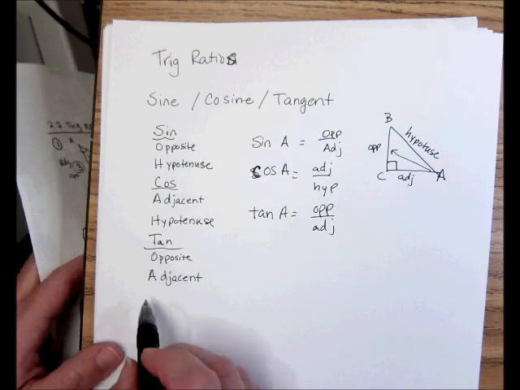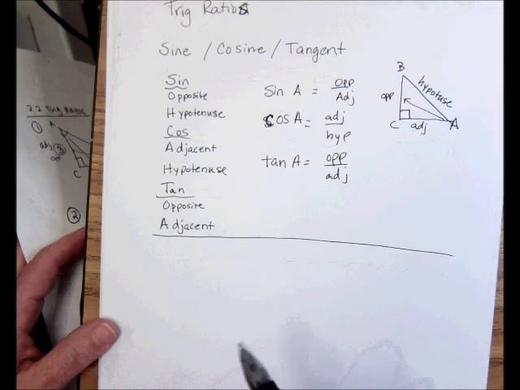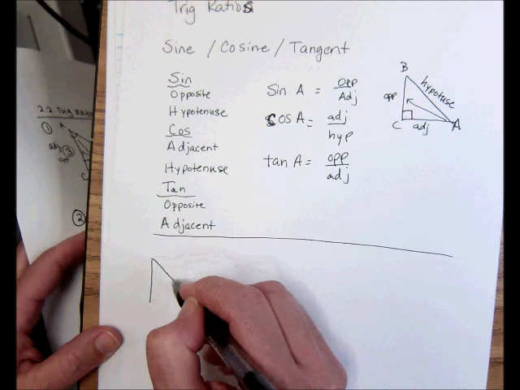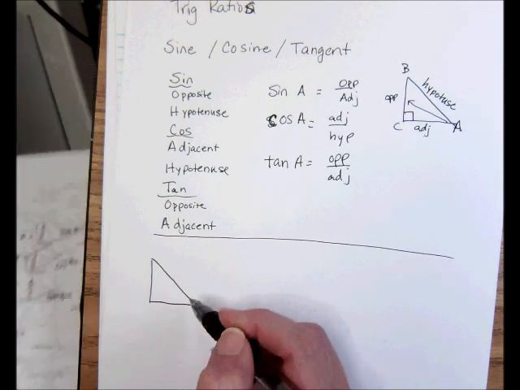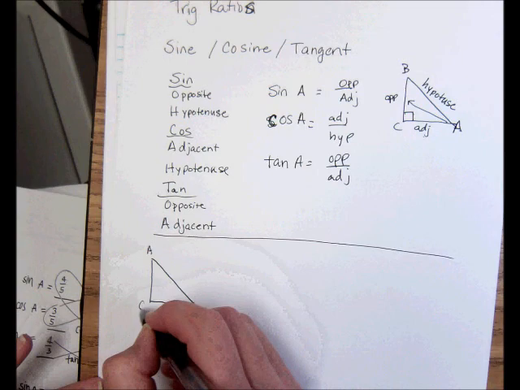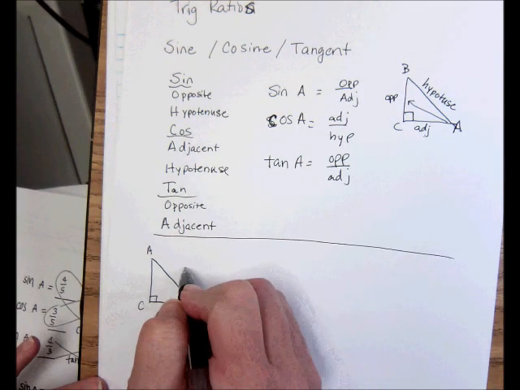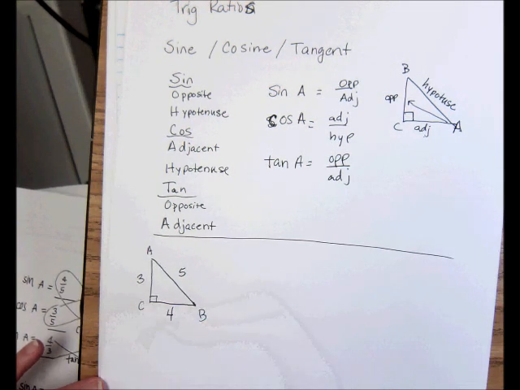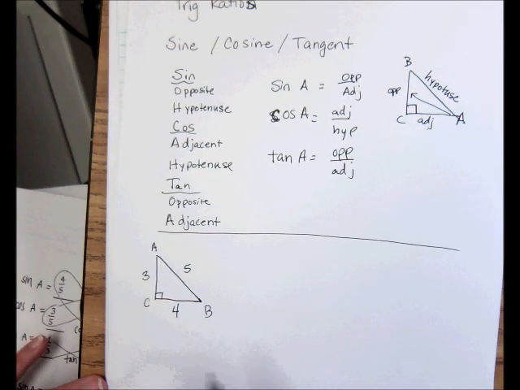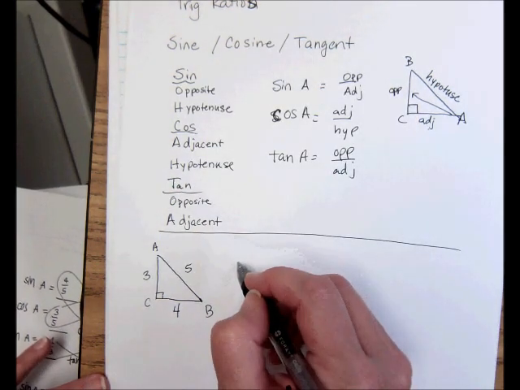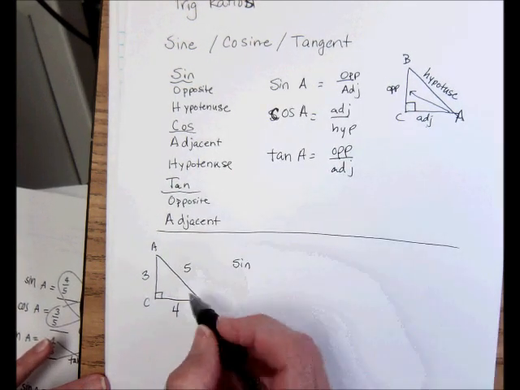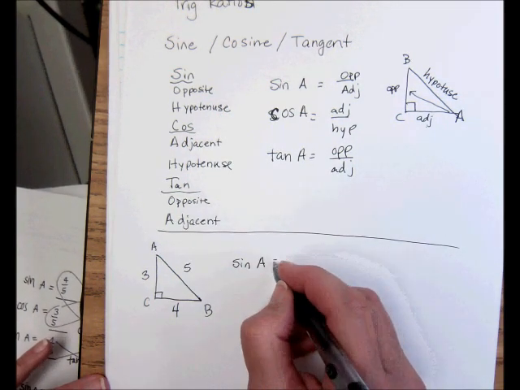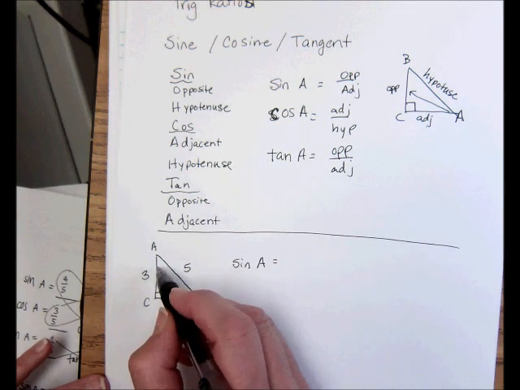We went a little further today and yesterday, and we established some relationships. To talk about those relationships, I'm going to have a triangle, and I'm going to label this A, C, and B. My hypotenuse is going to be 5. One side is going to be 3, and the other side is going to be 4. So I can put some numbers to what I'm talking about. Sine of A, and I always have to tell you which angle I'm talking about because it determines what the ratios are.